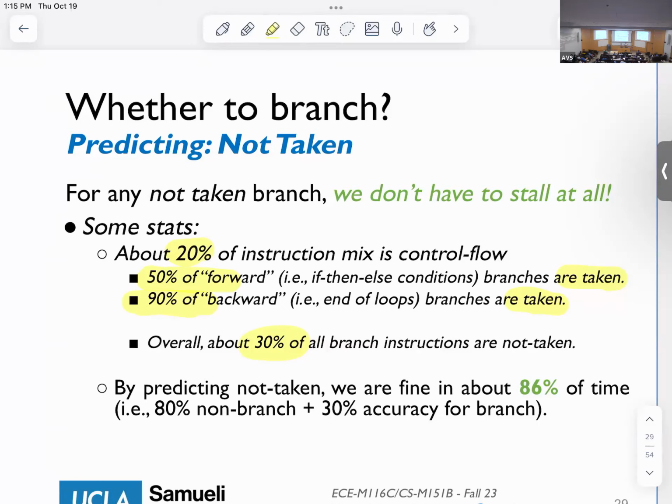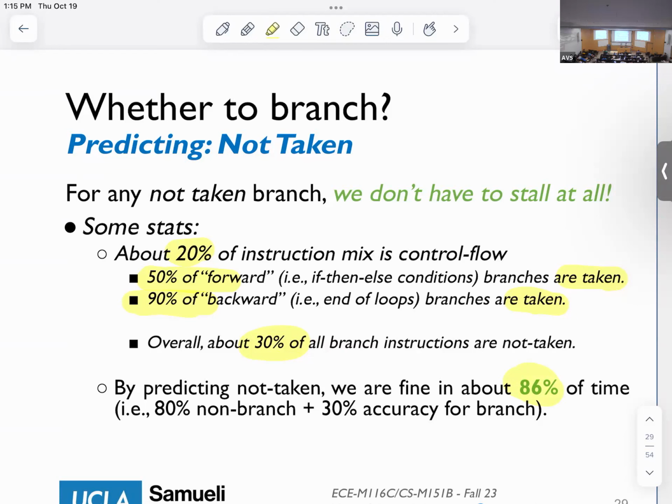So if you combine this, we'll see that around 86% of instructions are actually not taken instructions. That is, we just do PC+4, PC+4, PC+4, okay? So 86% of the time in the execution of my programs, I'm doing fine because I don't need to be worried about control and so on. There's only that 14% that I need to be worried about, and we're going to discuss how to fix that, okay?